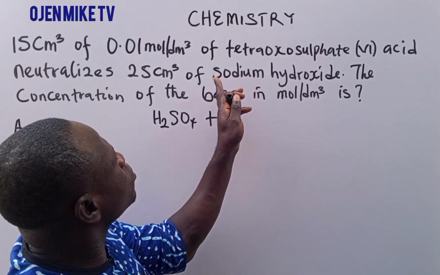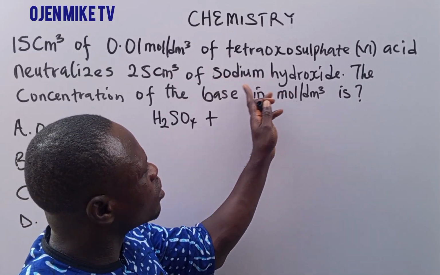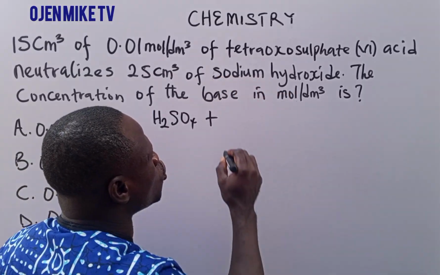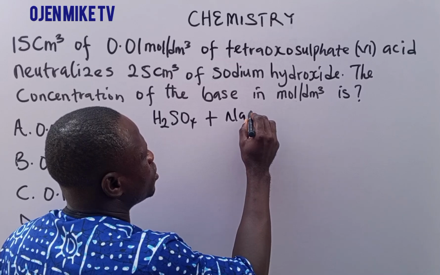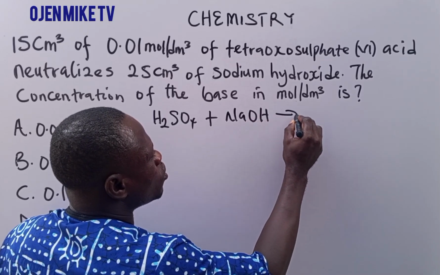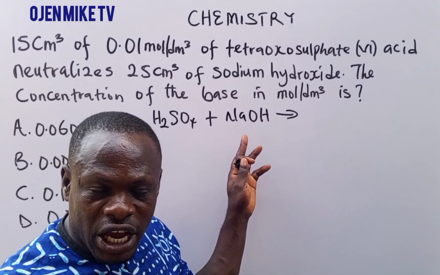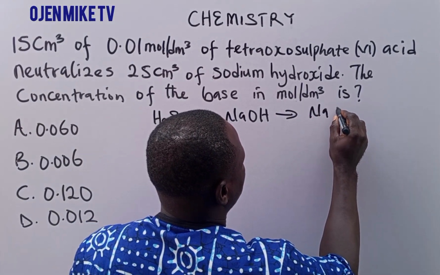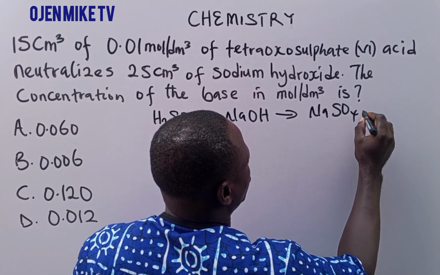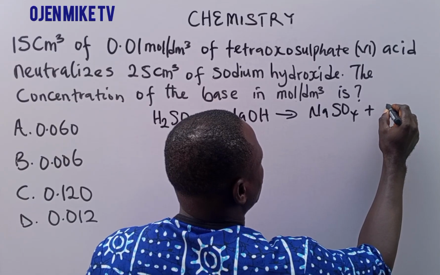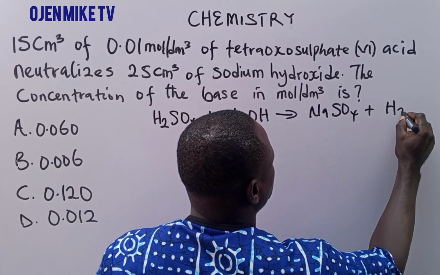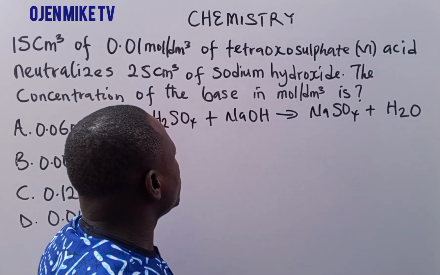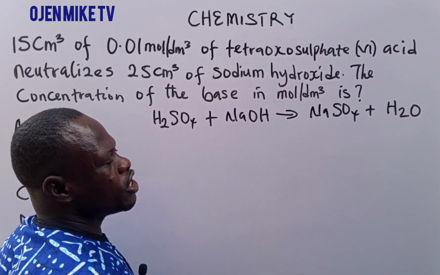It reacts with, it neutralizes, a base, sodium hydroxide, NaOH. This is a neutralization reaction which will give you salt and water. So our salt is Na2SO4 plus H2O. Of course, all of them are in aqueous form.